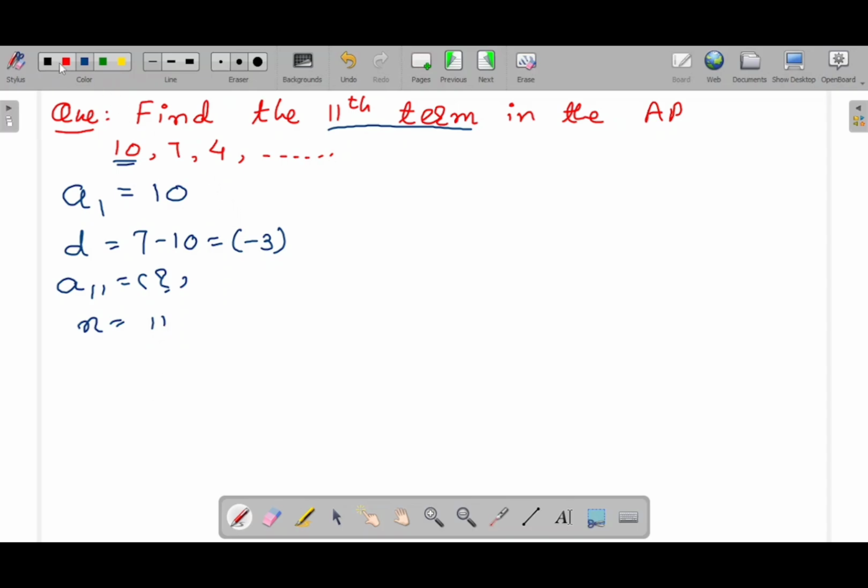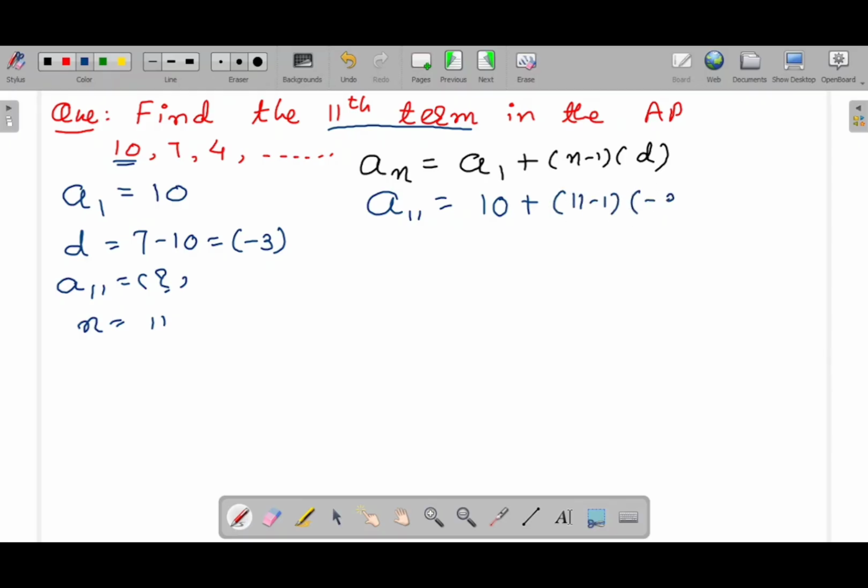So let's solve this. First of all, let me write the formula for you. The nth term in the AP is the first term plus n minus 1 into the common difference. Based on this formula, A11 equals A1, which is given as 10, plus 11 minus 1 into this difference, which is minus 3. So 10 plus 10 into minus 3.